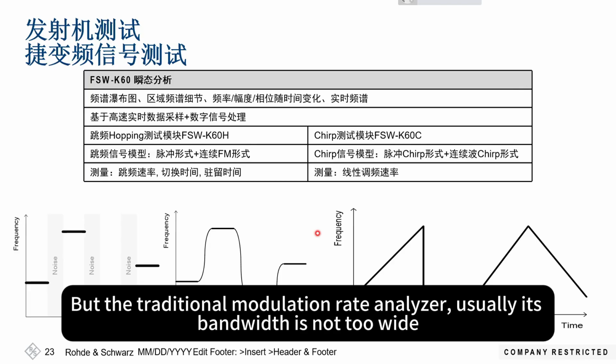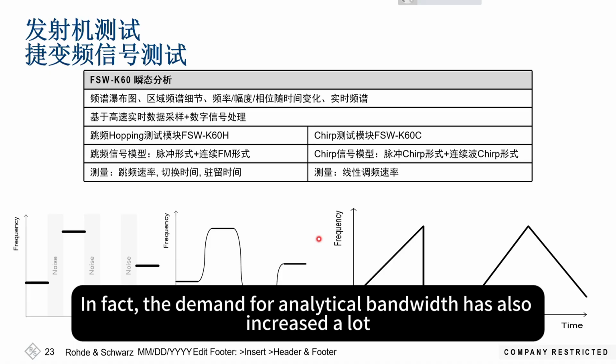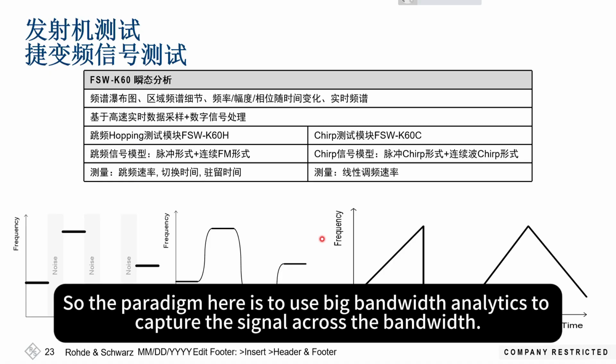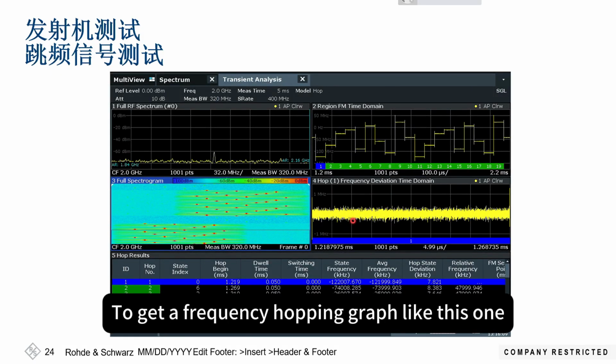But the traditional modulation analyzer usually doesn't have a very wide bandwidth. However, with the development of radar and the improvement of resolution requirements, the demand for analysis bandwidth has also increased a lot. So the paradigm here is to use a large-bandwidth analyzer to capture the signal across the bandwidth, and then post-process it to get a frequency hopping graph like this one.